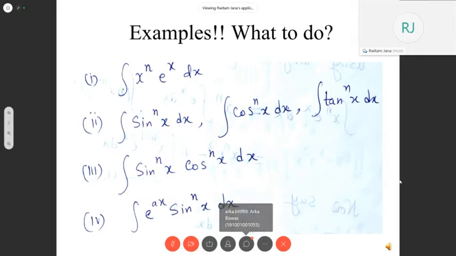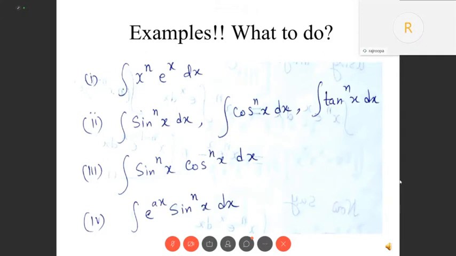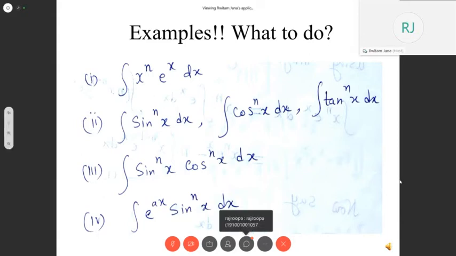also after this class. The first part is obviously integration x to the power n e to the power x dx. You can see here your integrand is x to the power n e to the power x.